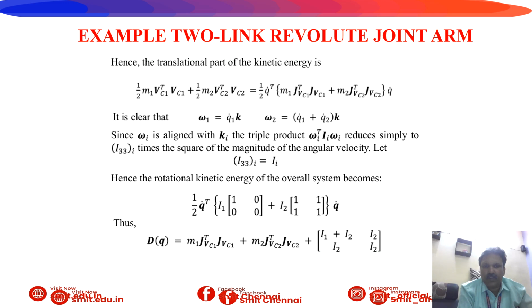Then the rotational kinetic energy of the overall system becomes half Q dot transpose, then I1 1 0 0, then I2 1 1 1 1, Q dot. Thus D of Q we can write as M1 JVC1 transpose JVC1 plus M2 JVC2 transpose JVC2 plus I1 plus I2 I2, in the bottom also I2 I2.